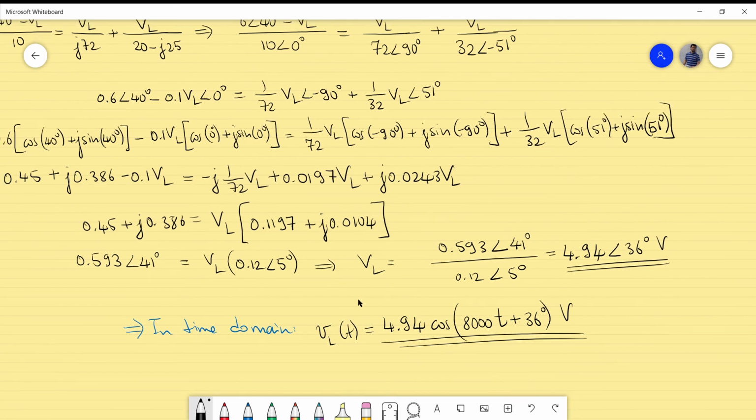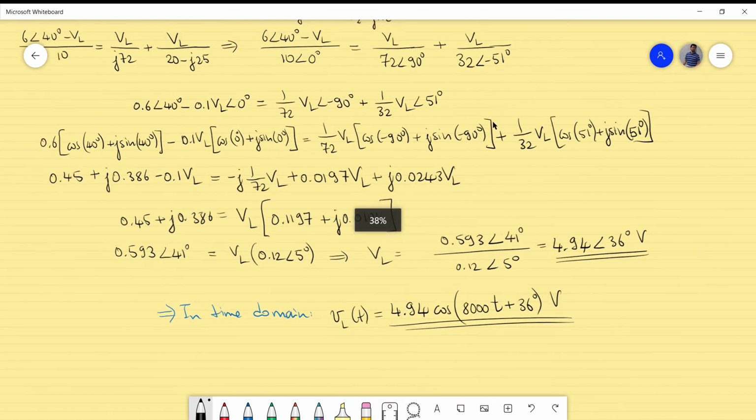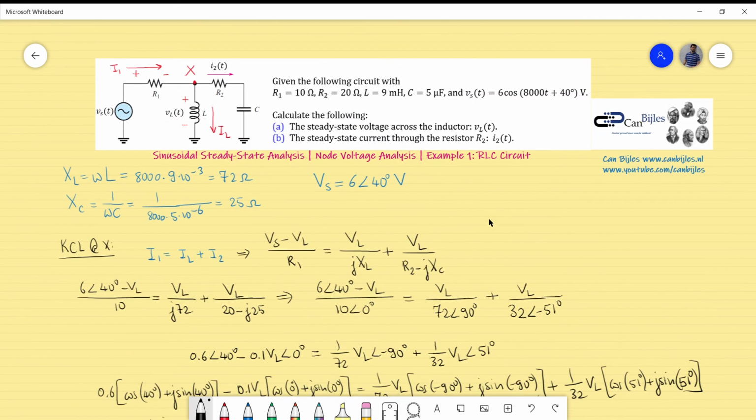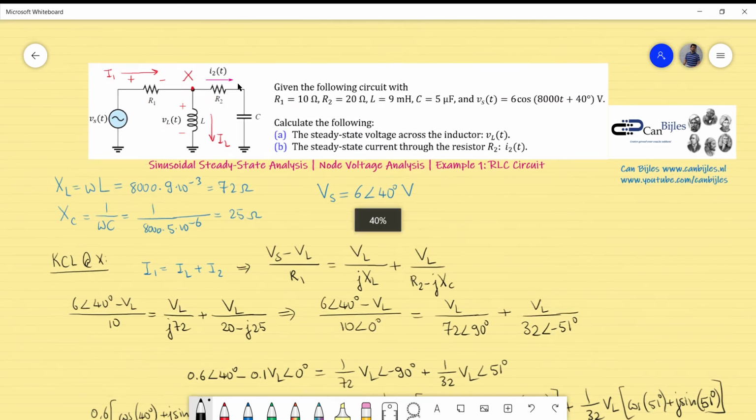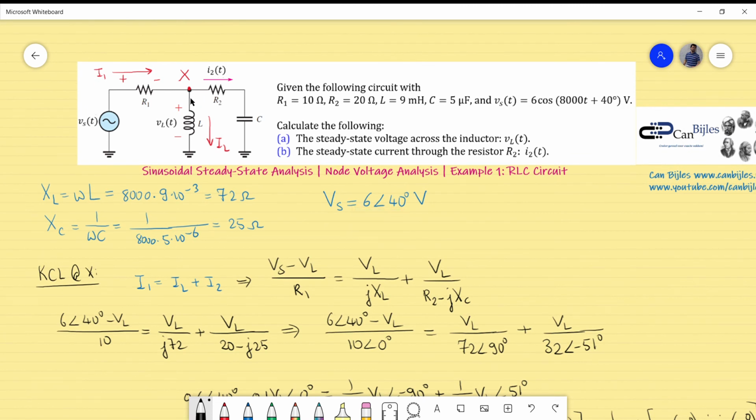Now for question B, I would like to determine the current. So let's move up a little bit. What we have is the current through R2. Since I know the voltage across this inductor, which is just VL, it is the same as the voltage across these two elements. So I can use the voltage at this point for the current I want to calculate for this branch.